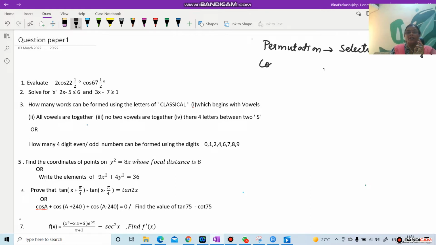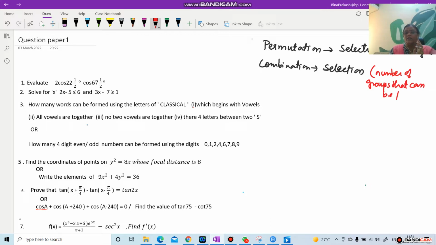Whereas combination is only to select. Only selection is involved, which means the number of groups that can be formed.